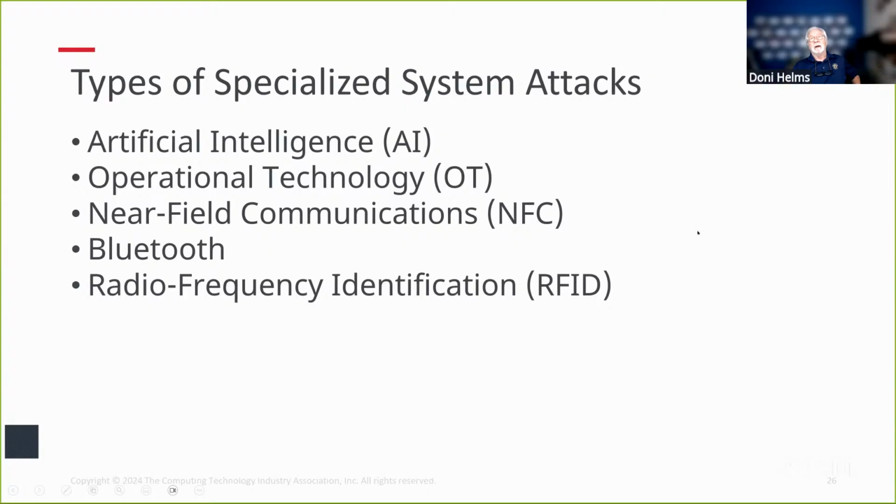Okay. There are several different types of very specialized system attacks on specialized systems. And it falls in the entire range of your operational technologies, industrial control systems, and it utilizes the entire gamut of wireless technologies.